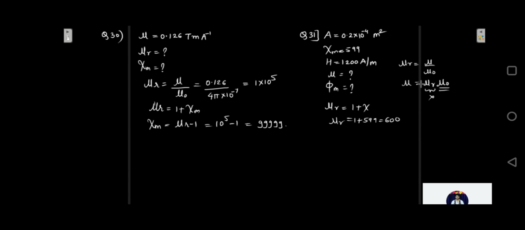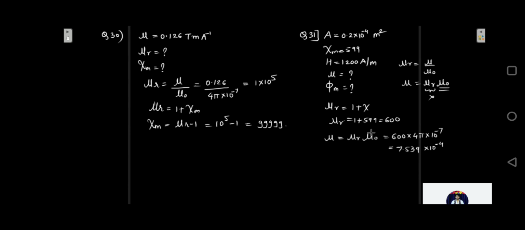So this mu r you can use over here. So mu will be equal to mu r into mu naught, that is 600 multiplied by 4 pi into 10 raised to minus 7. That is going to come to 7.54739 into 10 raised to minus 4, which is going to be your permeability of that particular material.